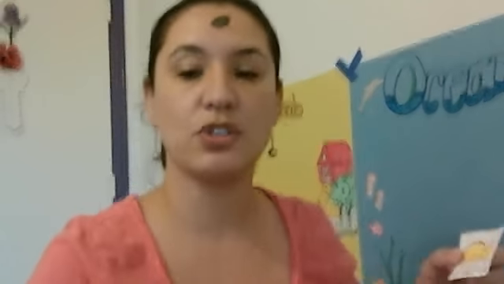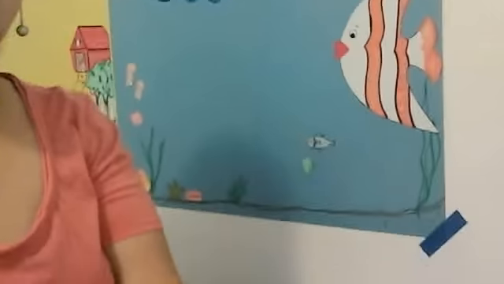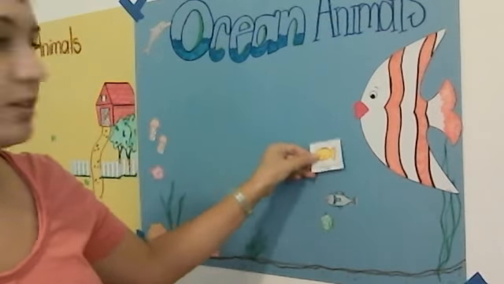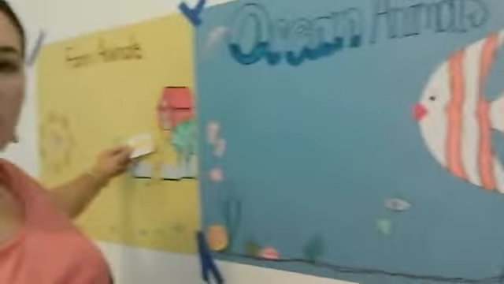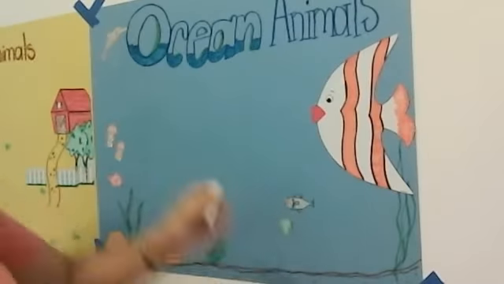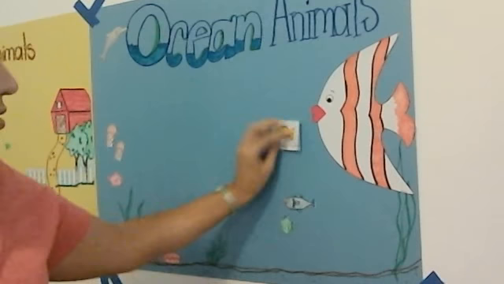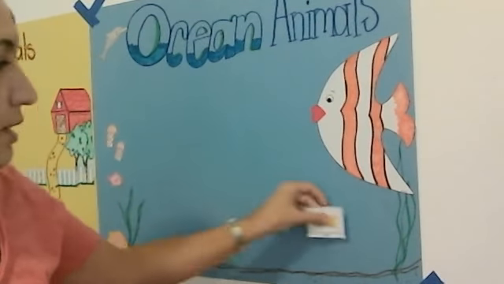And so the student's job is then to look at the environment of the ocean animals and really focus on whether this animal belongs in this environment or if it belongs with the farm animals. And of course, I do have blue tape on the back of the card so that it doesn't damage the poster and they can come in and out and be used as we please.